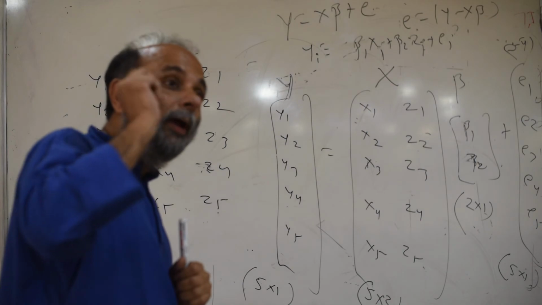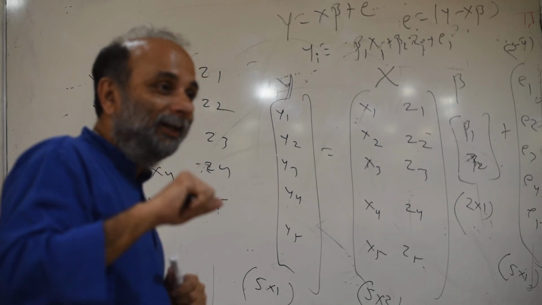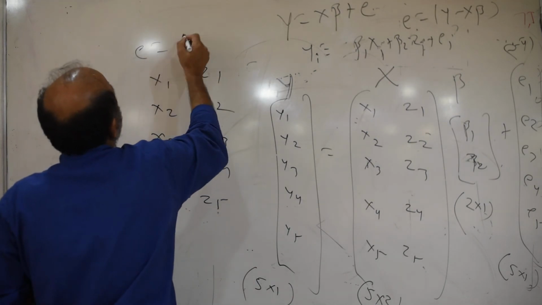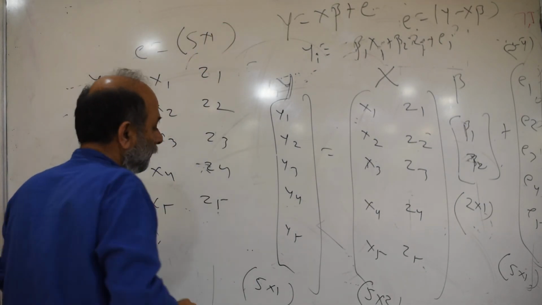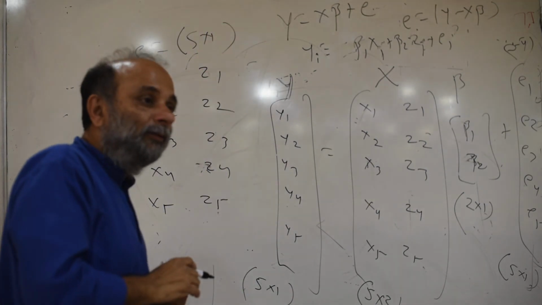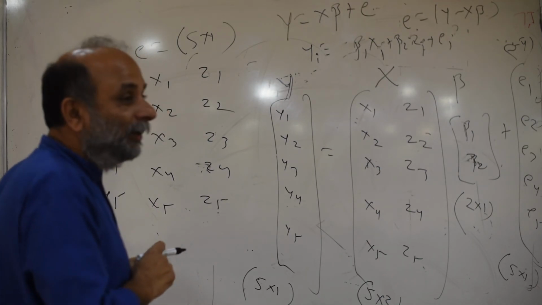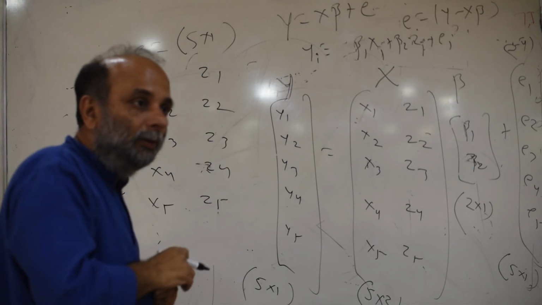What have I learned now? The dot product of x and e has to be zero. But what is e? E is 5 cross 1. X is 5 cross 2. Can I multiply 5 cross 1 with 5 cross 2?